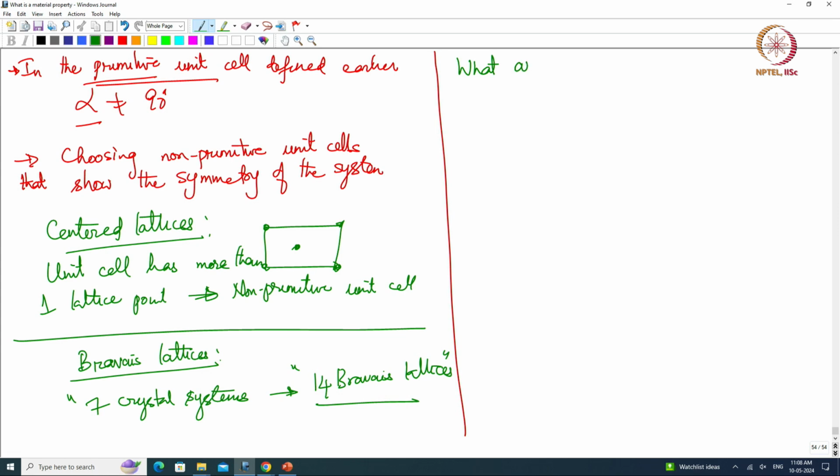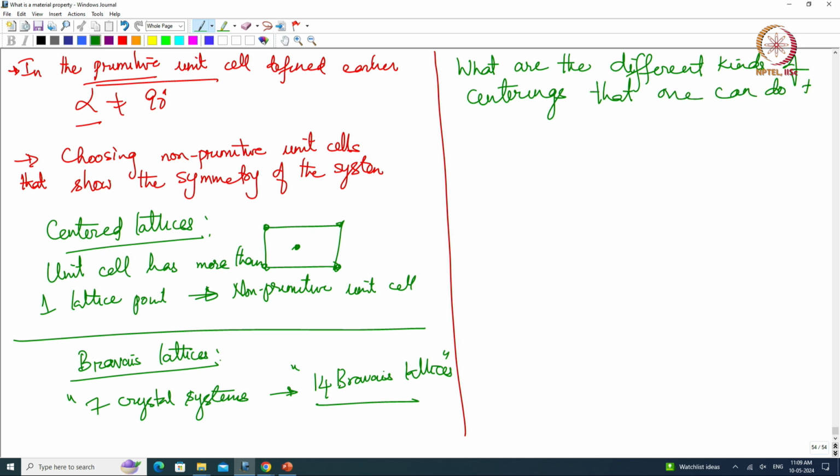So in the next class we will see how to form the Bravais lattices, what are the different kinds of centerings that one can do to a lattice.